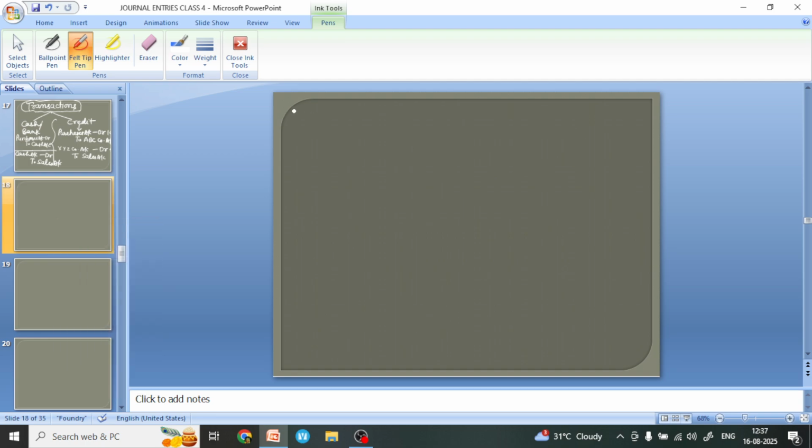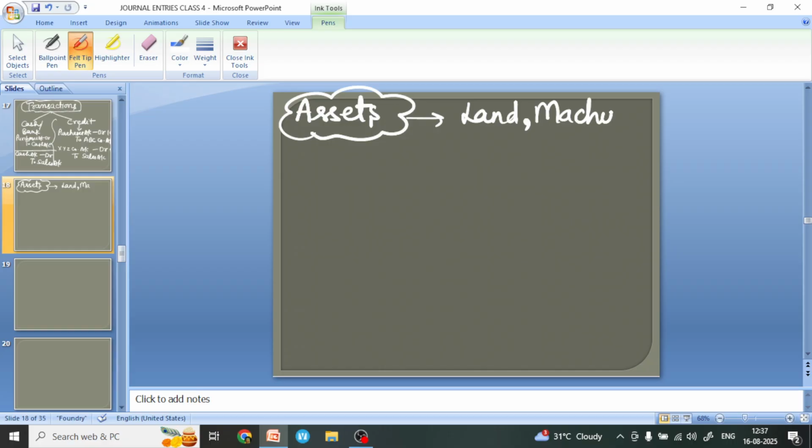Now next, assets. Assets include land, machinery, plant, building, etc. Assets can also be purchased or sold in cash or credit.